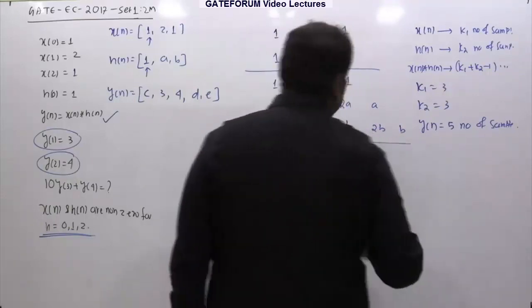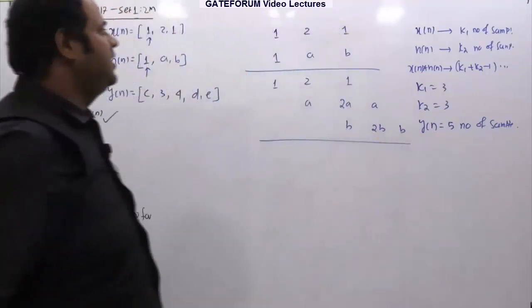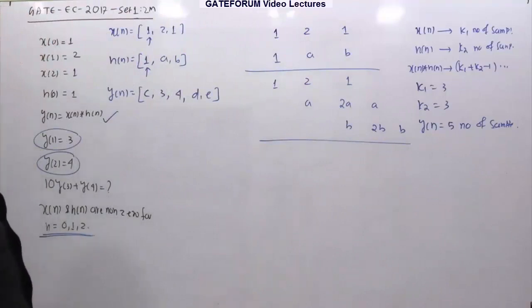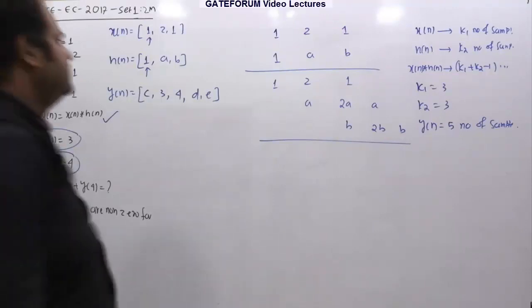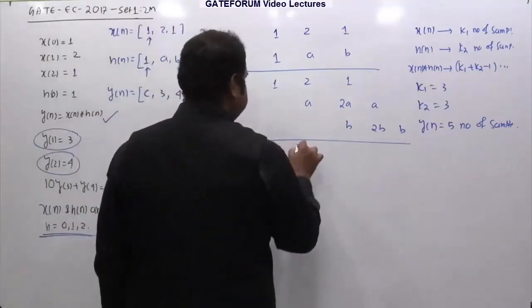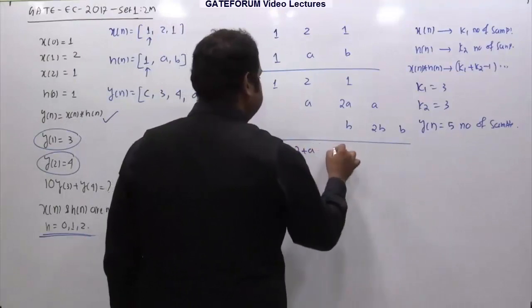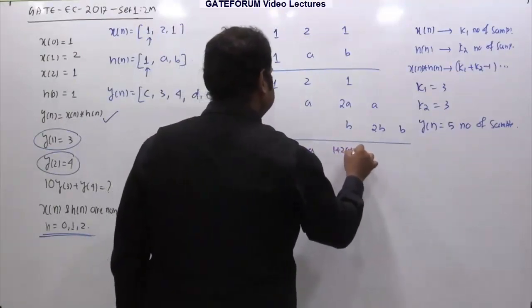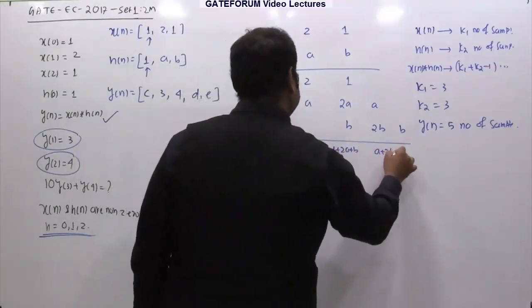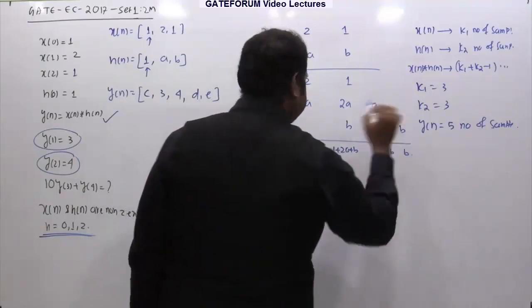This is the normal method of convolution if you have a finite number of samples. So you get 1, then 2 plus a, then 1 plus 2a plus b, then a plus 2b, and then b.